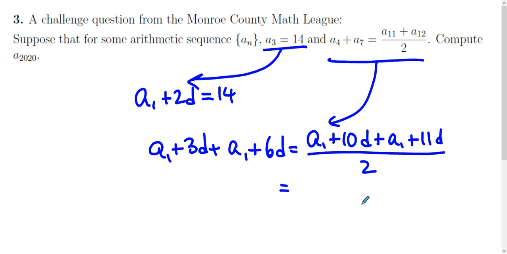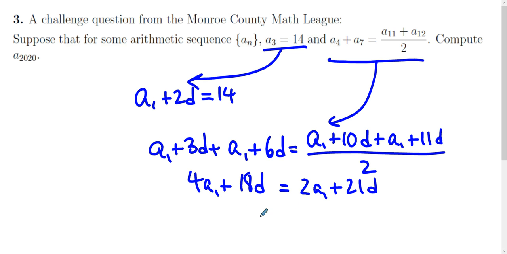Let's do some rearranging here. So this is 2a1 times 2. This is 9d times 2. This is 2 first terms, 21 Ds. So what does this mean?